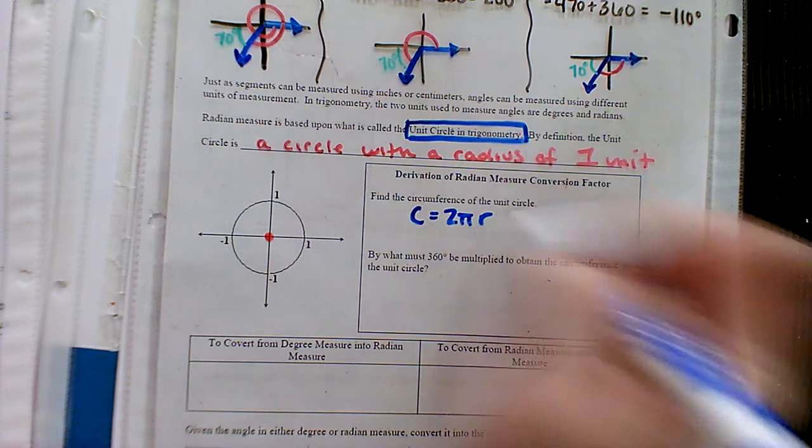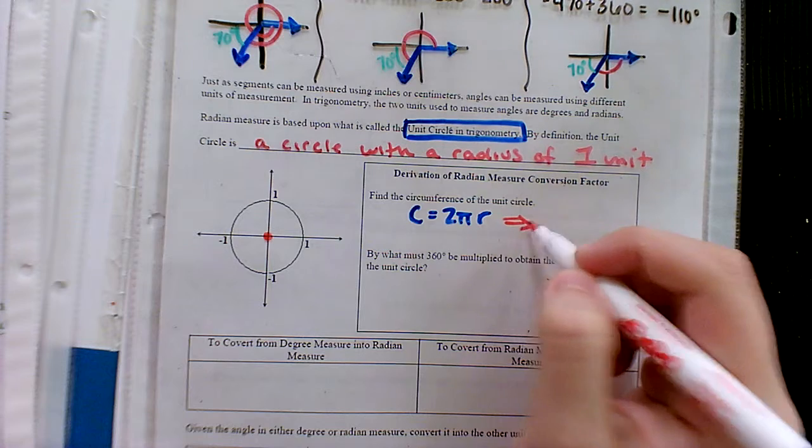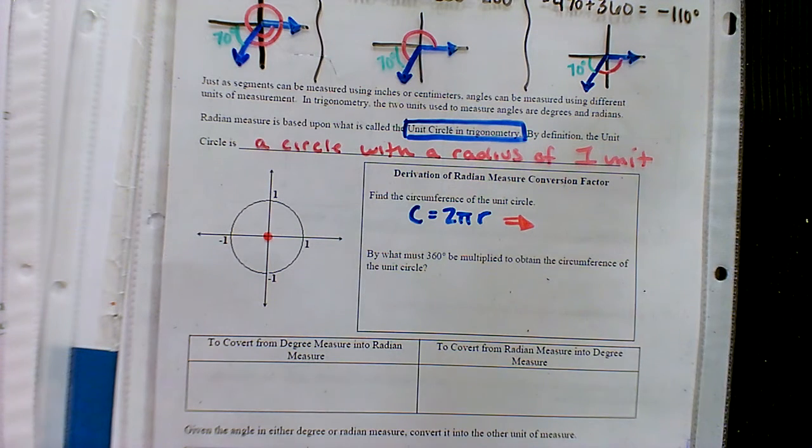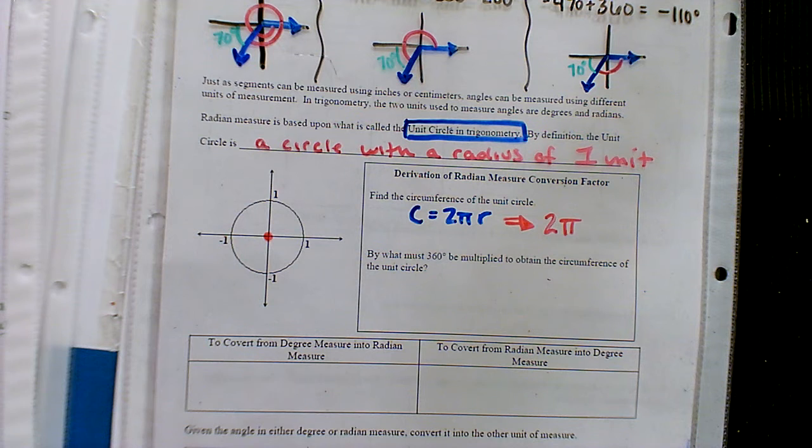There we go. Okay. So by definition, if the unit circle is a radius of 1, what's the circumference? Yeah, just 2 pi. Okay, so it's a perimeter or circumference of 2 pi units.